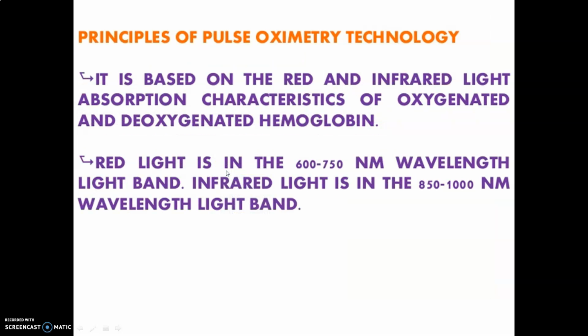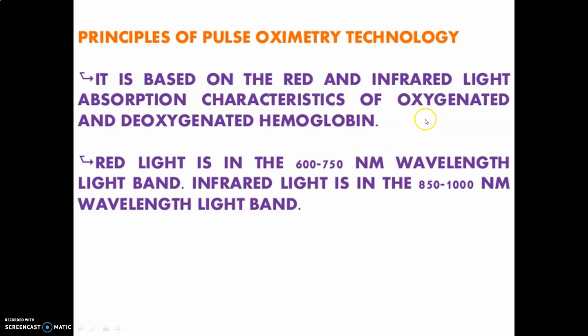Next, the principle of pulse oximeter technology, how it is working. It is based on the red and infrared light absorption characteristics of oxygenated and deoxygenated hemoglobin. That means it is completely based on light. As I have mentioned, the peripheral probe which we connect to the finger emits red and infrared light, which is absorbed by oxygenated and deoxygenated hemoglobin.